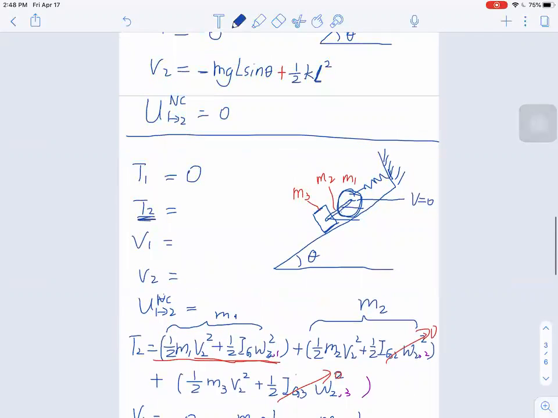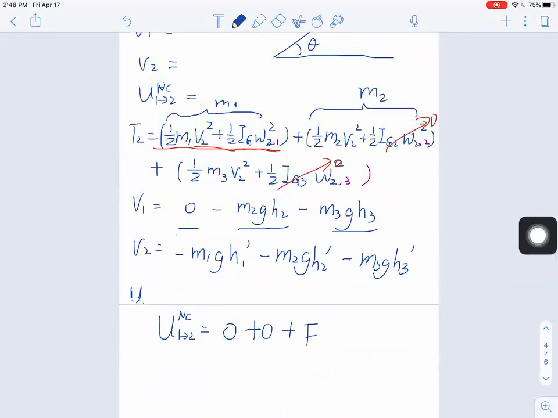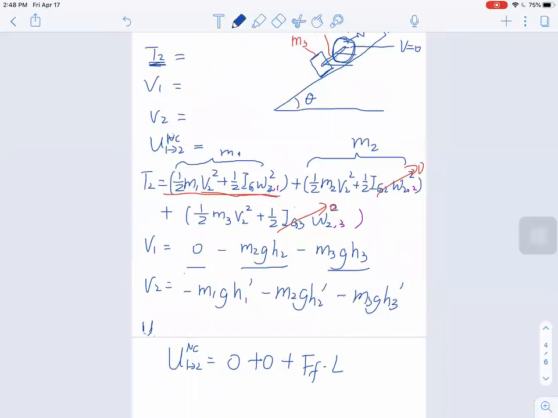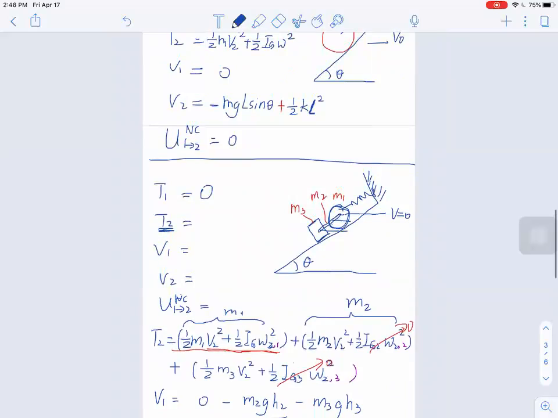But for mass 3, that's something we did in chapter 4, right? It's a block sliding down, and the work done from friction is the friction force times the distance it traveled, call that L. And so you will have something for this non-conservative work in this example.